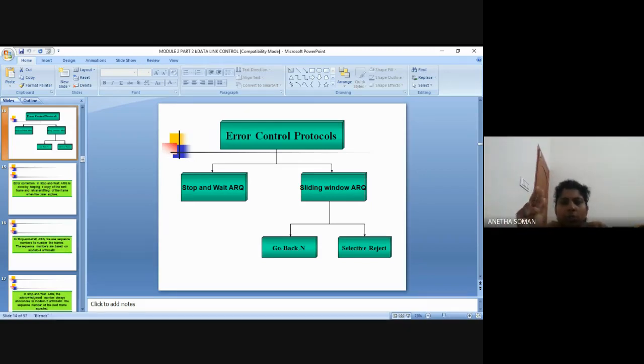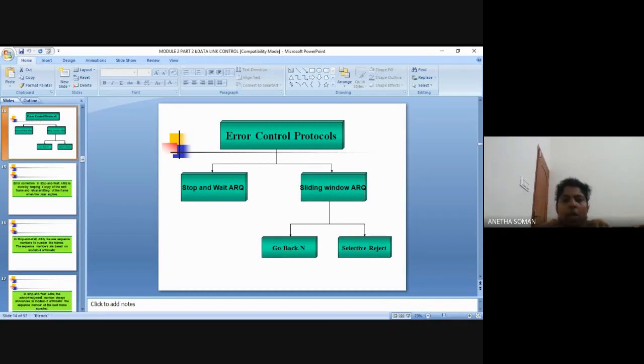The third thing is that the acknowledgement is also followed by a number. What does that number mean? It indicates the next frame expected. Now, what is the frame I am expecting next? That is the number represented in the ACK, the acknowledgement frame.